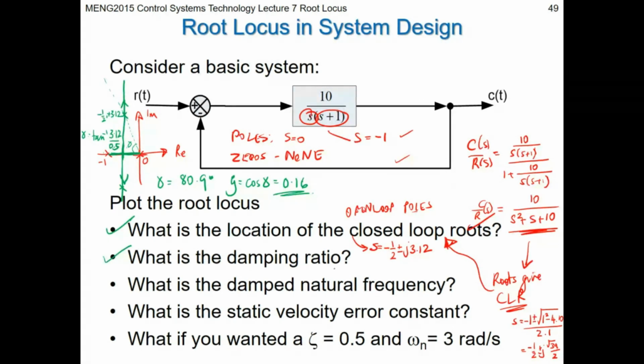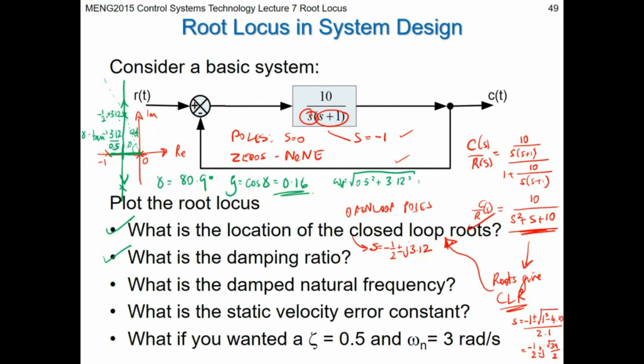How do we get our damped natural frequency? Well, the damped natural frequency is the distance of this line from the origin to the closed loop root. That's just by trigonometry. So omega equals the square root of 0.5 squared plus 3.12 squared, by Pythagoras. If you look back up further in our notes on closed loop roots, this is technically the damped natural frequency, so I should call this omega d.